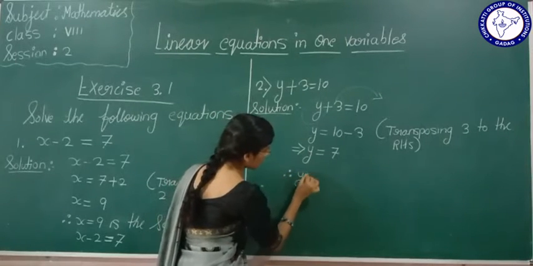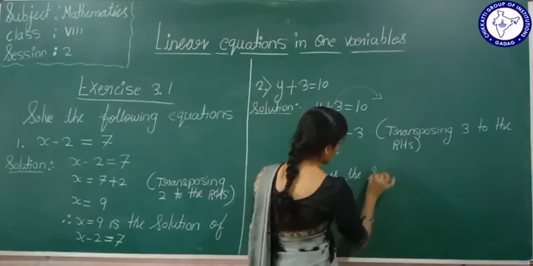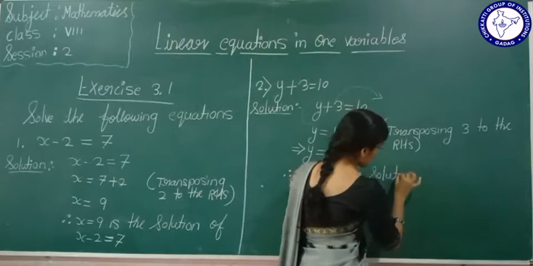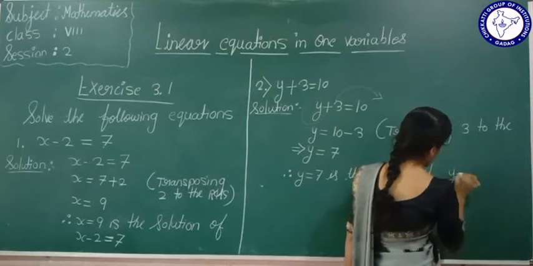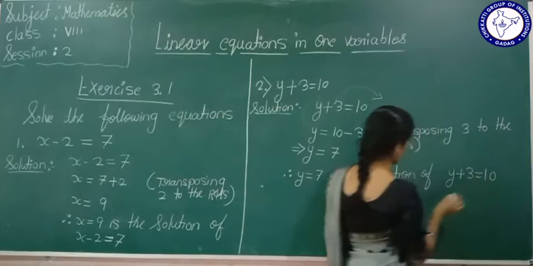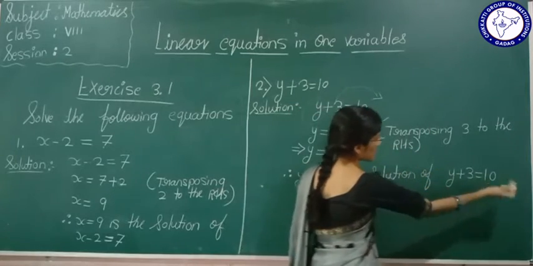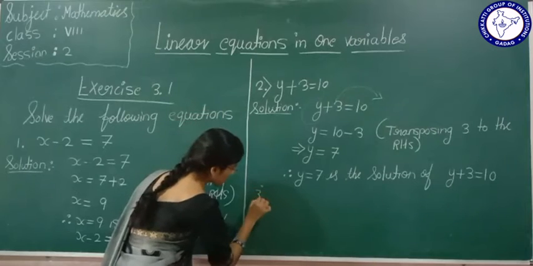Therefore, y is equal to 7 is the solution of y plus 3 is equal to 10. Now see, 7 plus 3 is nothing but 10. You can verify also. Now we will see the third question.